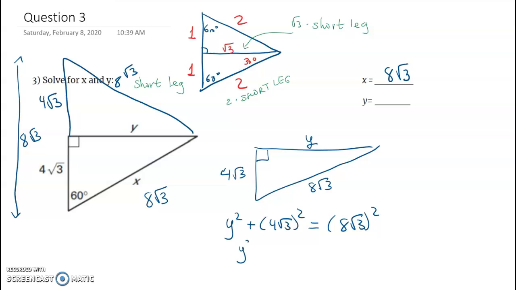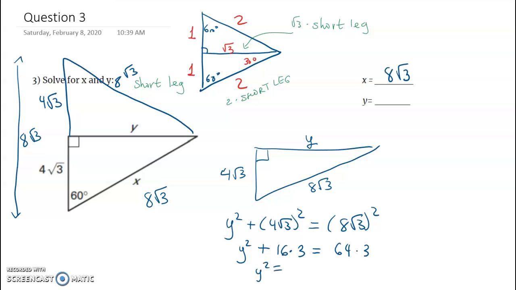And you're carefully going to square everything. Remember that when I square 4 root 3, I'm actually squaring a 4, so it becomes 16, and the root 3, so 16 times 3. And over here, I'm going to square an 8, so that's 64, and the root 3.